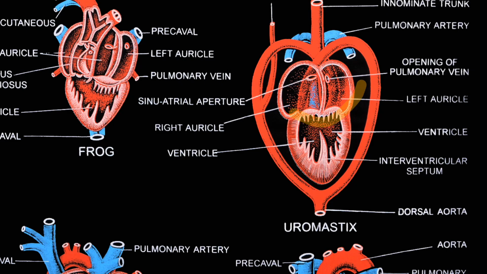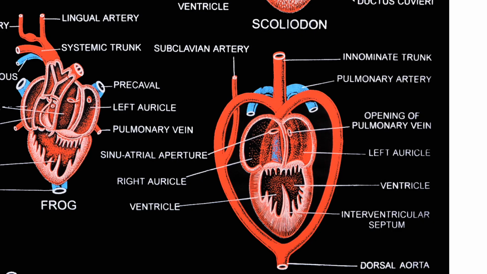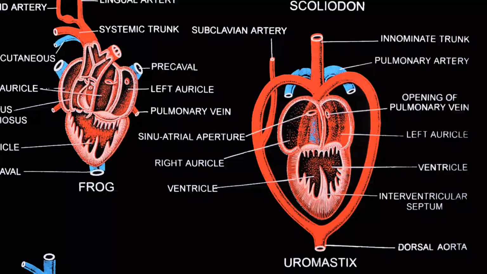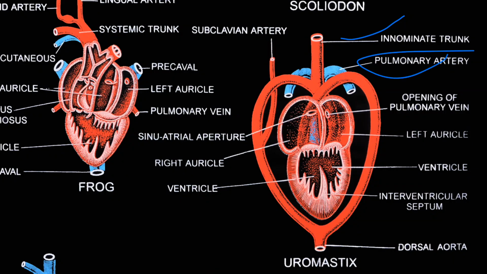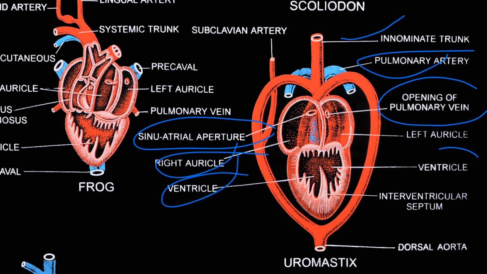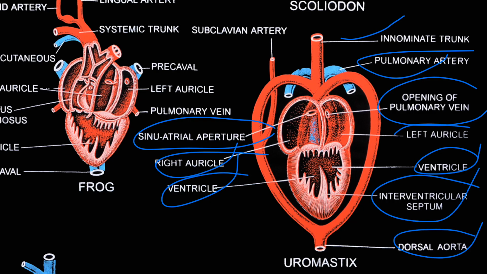In the reptile heart, we have observed the systemic trunk, pulmonary artery, opening of pulmonary vein, sinus venosus aperture, right auricle, ventricle, interventricular septum, dorsal aorta, left auricle, subclavian artery.